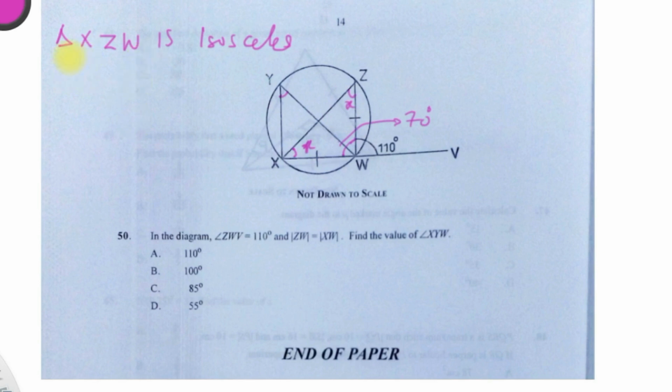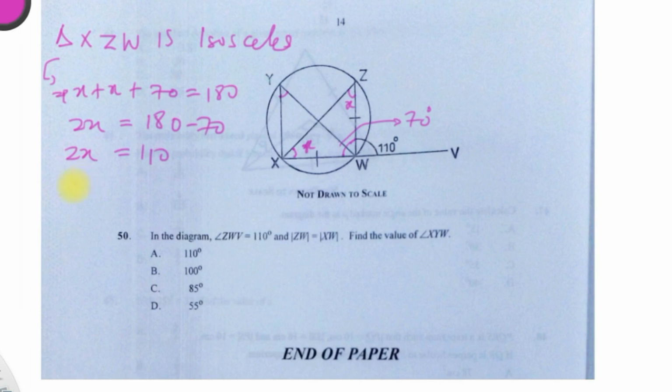From this triangle, x plus x plus 70 is equal to 180. So 2x is equal to 180 minus 70, so 2x is equal to 110. Then x is equal to 110 over 2, which is equal to 55 degrees. So x is equal to 55 degrees.